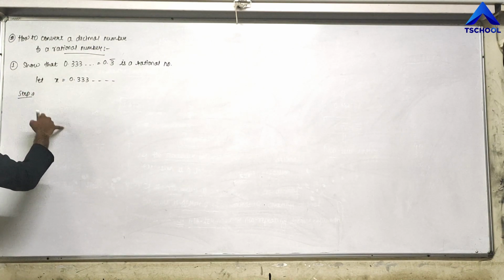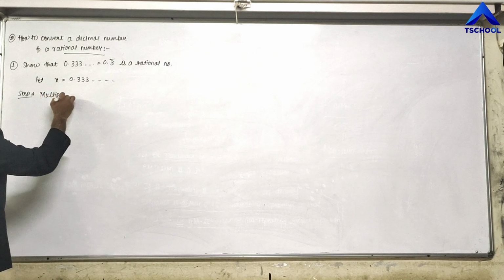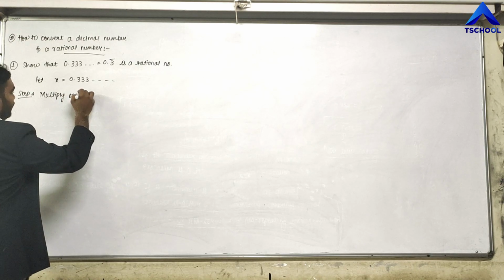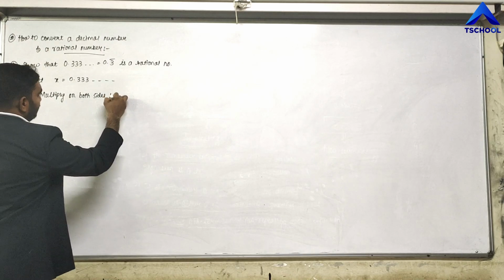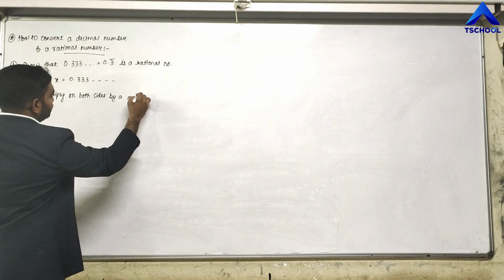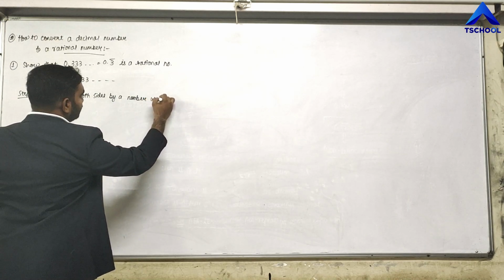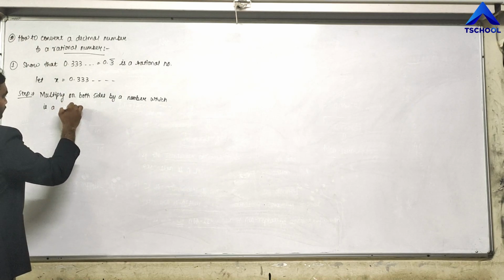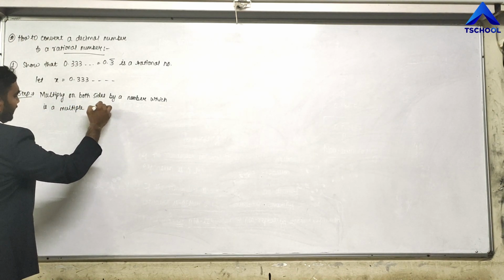The next step is to multiply on both sides by a number which is a multiple of 10 raised to n.